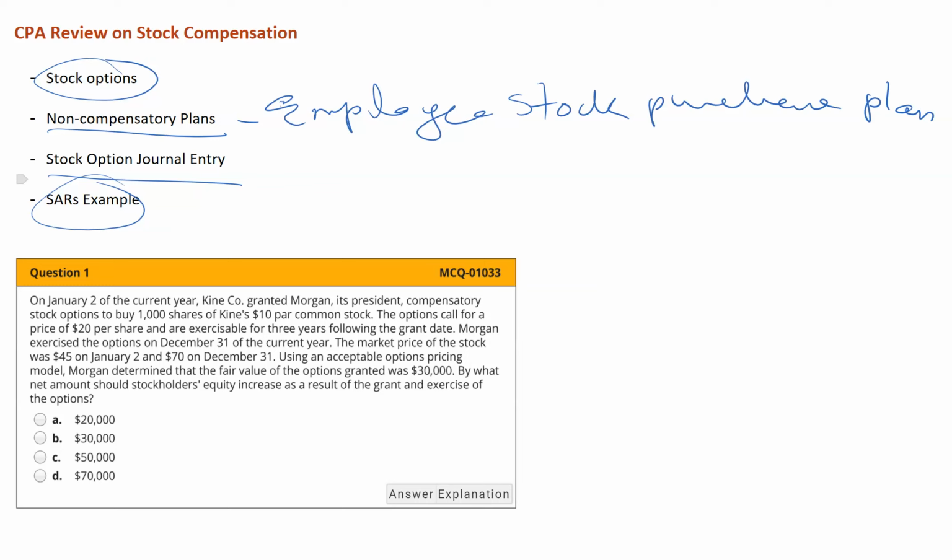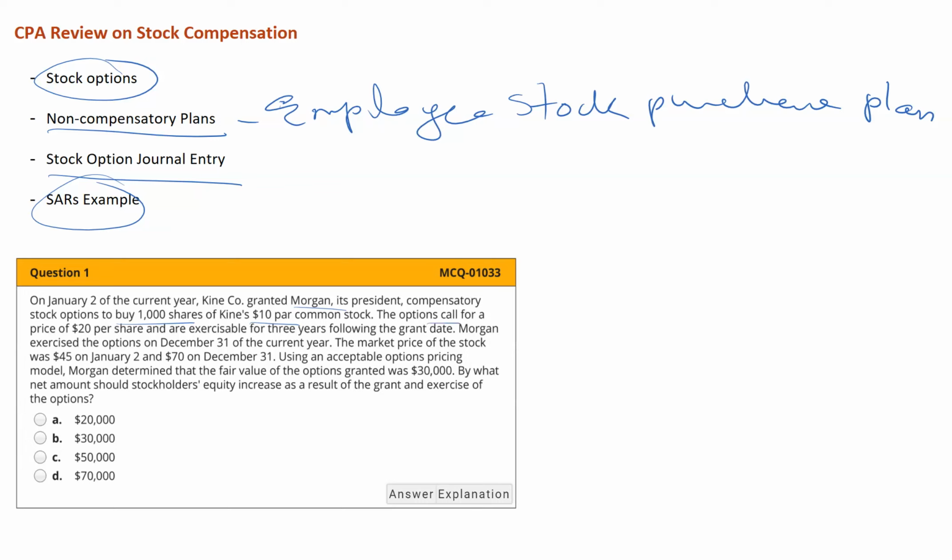Now we will see one problem here. Let's read it. On January 2, Kind Corporation granted Morgan, its president, a compensatory stock option to buy 1,000 shares. This is talking about the stock option. $10 is the par value, and the option price, or call price, is $20.